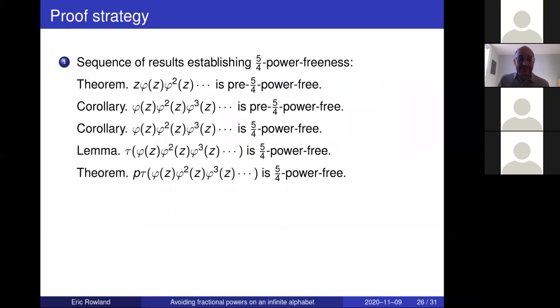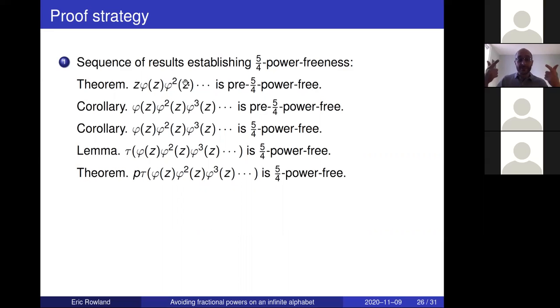So here's the long sequence of results that was necessary to establish that the conjectured word is actually 5/4 power free. We showed that this word z followed by phi of z, phi squared of z is pre-5/4 power free.